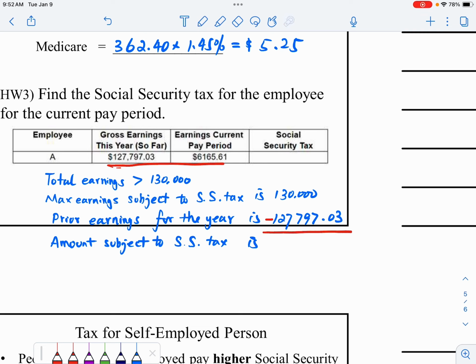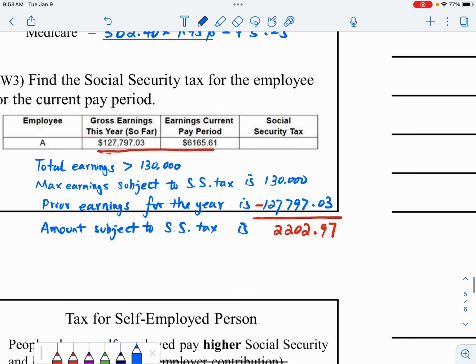So subtract these two, and we have $2,202.97. So that will be the amount subject to the Social Security tax. So you cannot use the full pay to find the Social Security tax, okay?